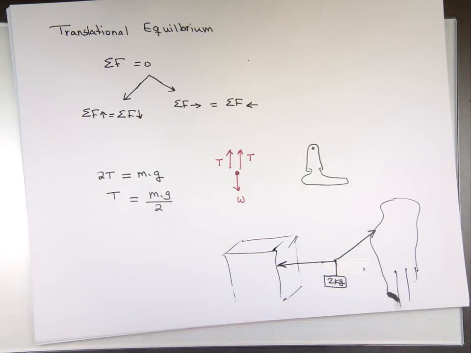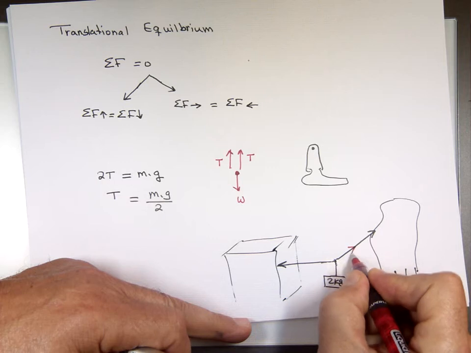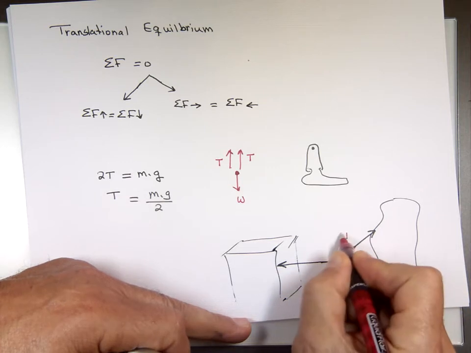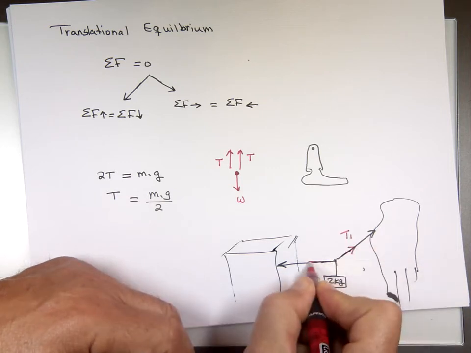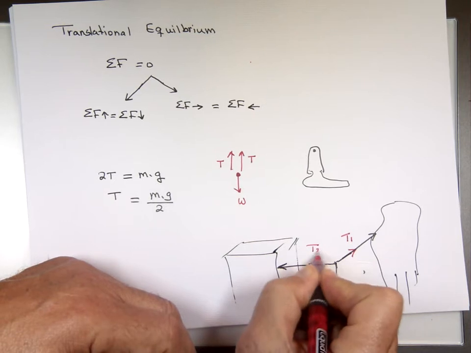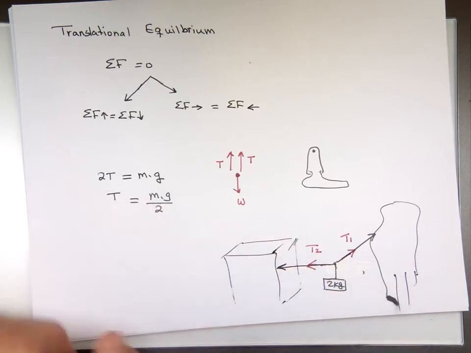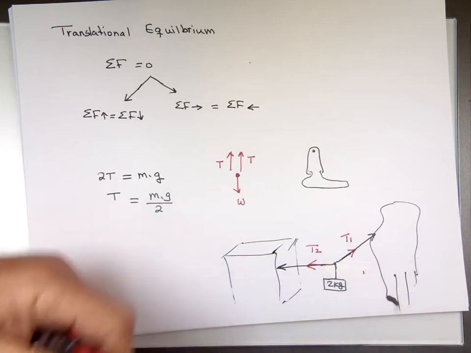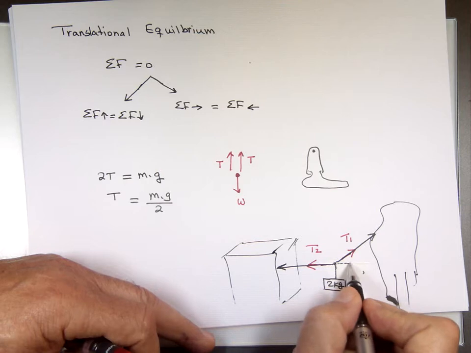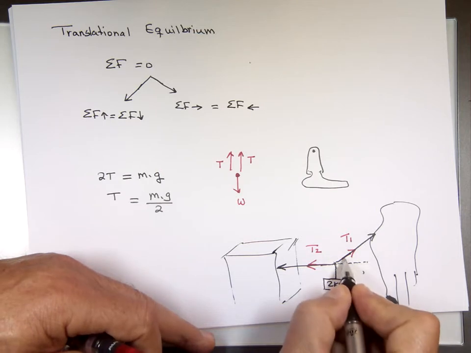The question is, what's the tension? I'm not sure if the tension is the same, so I'll call it T1 and T2. I'm going to prove it's not the same. T2 is horizontal, it doesn't make any angle, 0 degrees, or 180 if you measure from the positive x-axis. And let's say T1 is at 30 degrees.